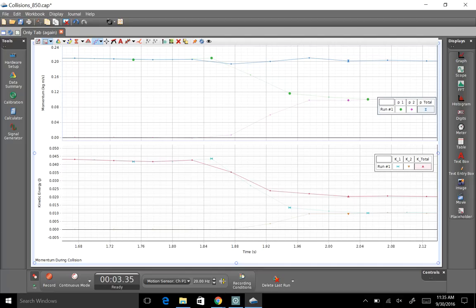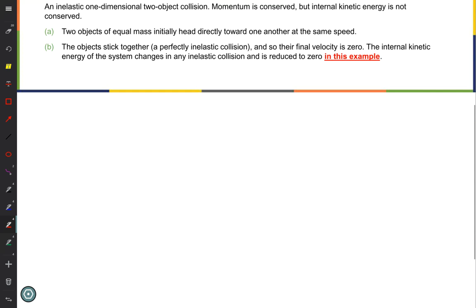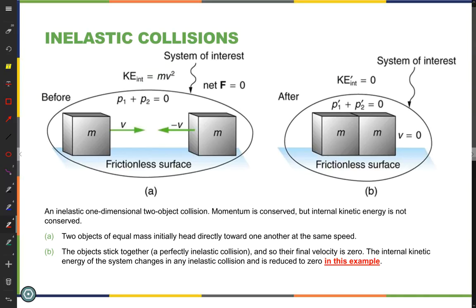And for our purposes, we're just a general physics class here. We will just pretend that there are only two types of collisions. Completely inelastic collisions where they stick together, such as they did right here, and elastic collisions where they bounce off each other and the kinetic energy is conserved.